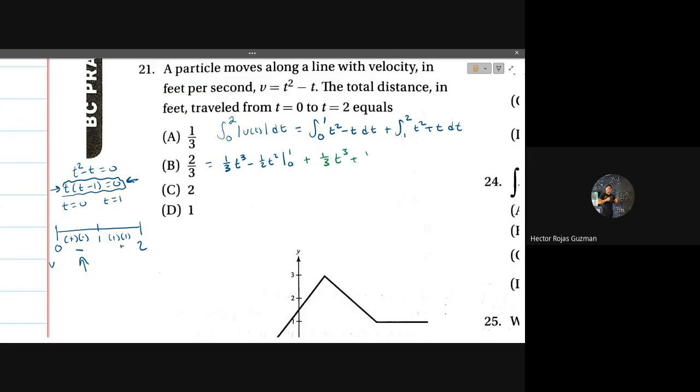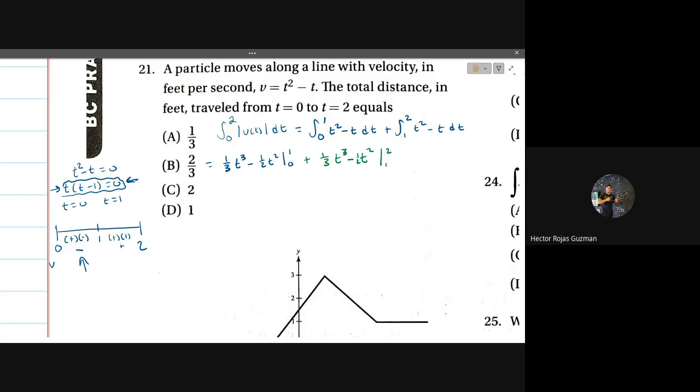Oh, wait. There should be a difference. Minus t squared. Oh, another mistake. Luckily I'm catching them pretty quick. Here, let me fix this.